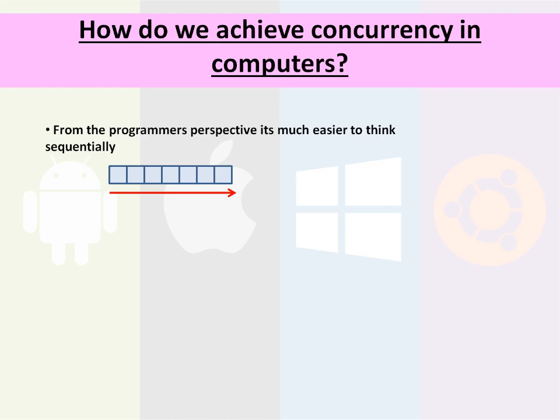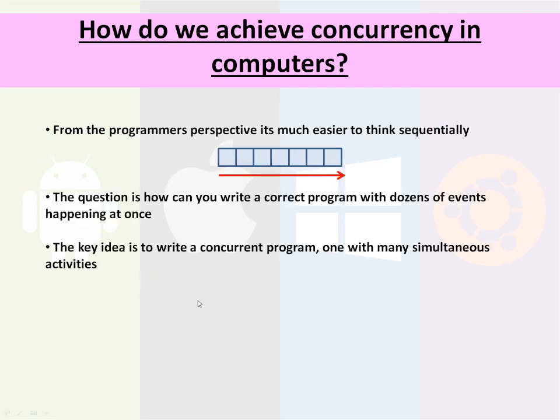We all do this. We have our functions. They start at the beginning or the top and they work their way down, and it's easy to understand. Now the question is, how can we write a correct program with dozens of events all happening at the same time? So how can we break up our sequential understanding into something that's a bit more parallel?